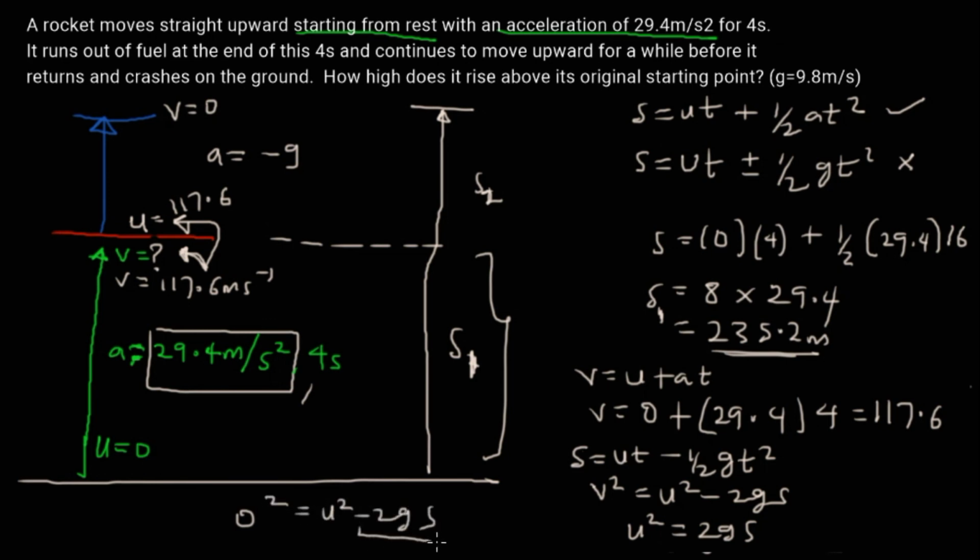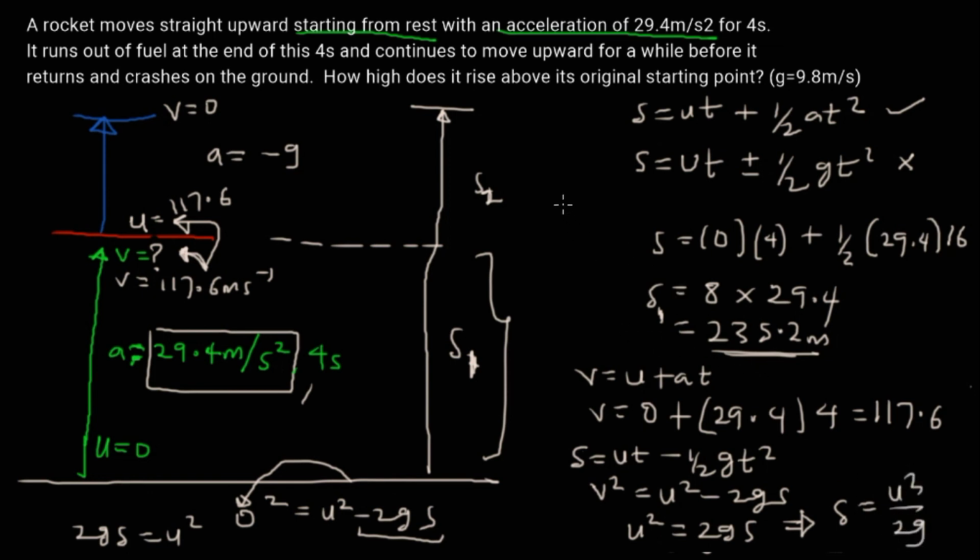If you take minus 2gs to the other side of the equation, it becomes positive. It will become 2gs equal to u squared. As a result, s is equal to u squared upon 2g.